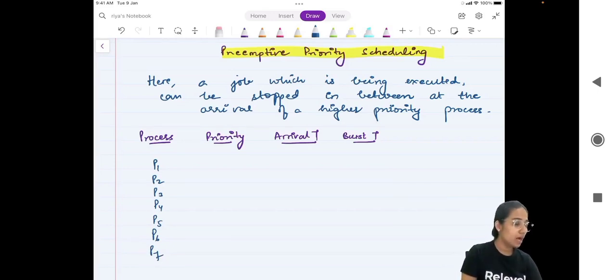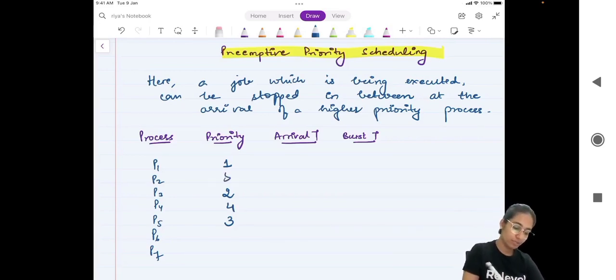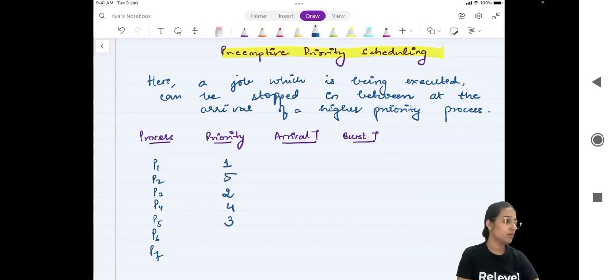here let's say the highest priority is 1 over here. No, let's do one thing.